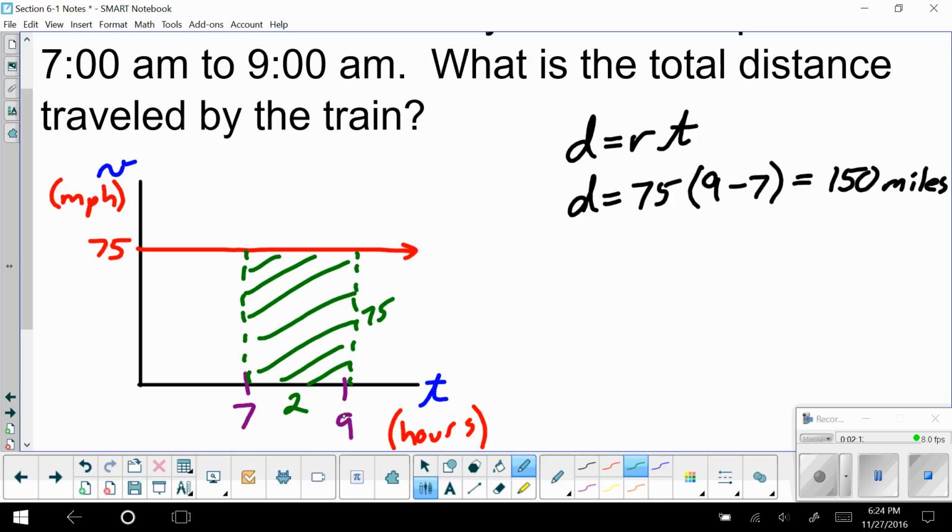And if you notice, the 2 we got by getting 9 minus 7. So here's the 2, and here's the 75. So there was the height, and here was the width, of our rectangle, in which case we found the total distance by finding the area of this rectangle.